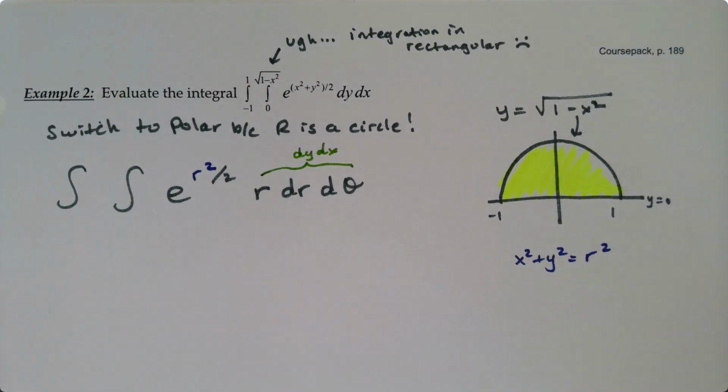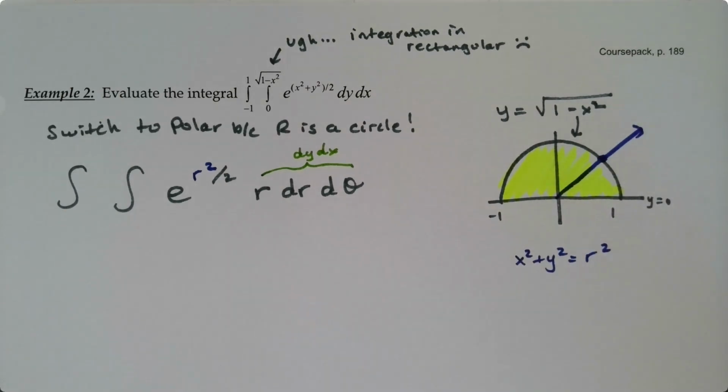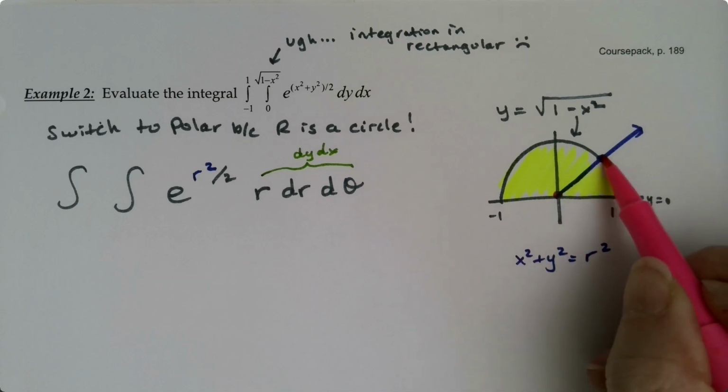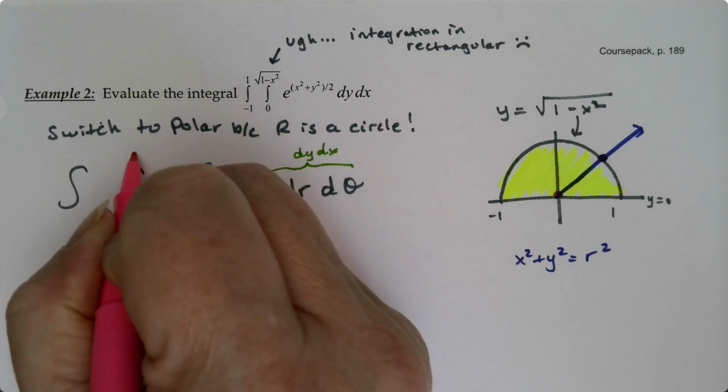Okay, so then what about our limits of integration? We have to think about a spoke coming out of the pole in our polar coordinates. So r would go from 0 right here to 1 right here. So r goes from 0 to 1.